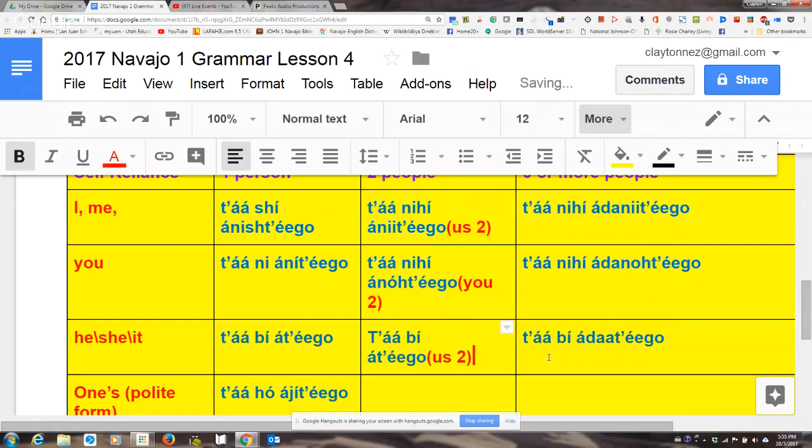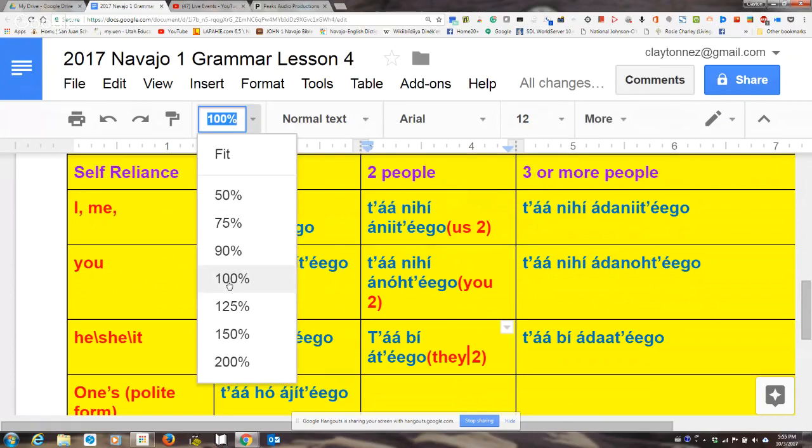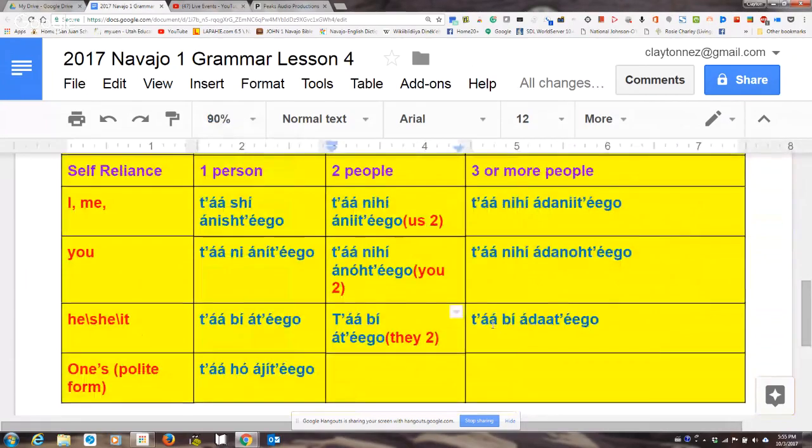Let's put that there. They means just two. They two. And we won't have one for polite. So let's go down just a little bit on this, and that will help us out.